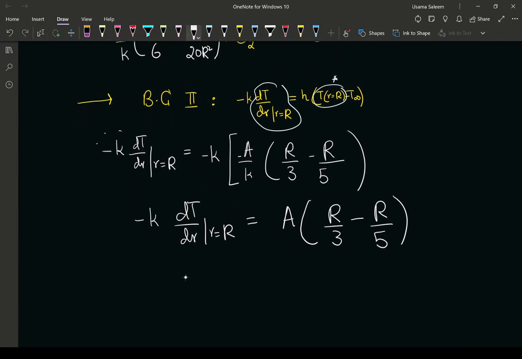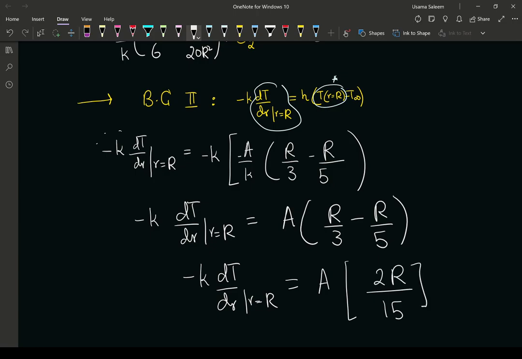And if you love algebra, you can combine these two fractions, and that's going to give you 15, 5 minus 3, 2. Let's see, 15 divided by 3, so that's going to give you 5, 5. Oh yeah, that should be good enough.